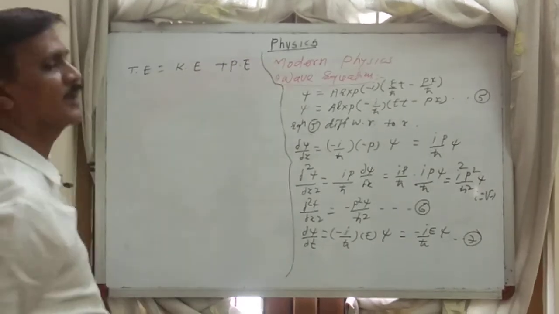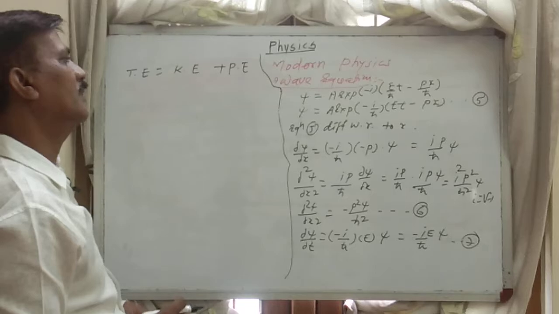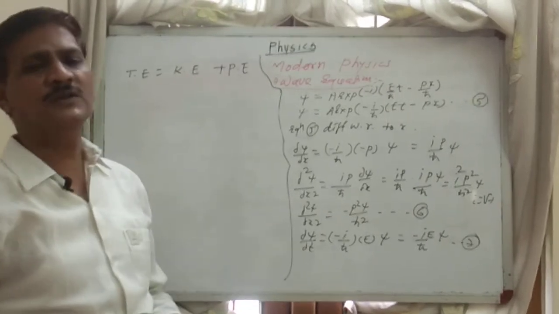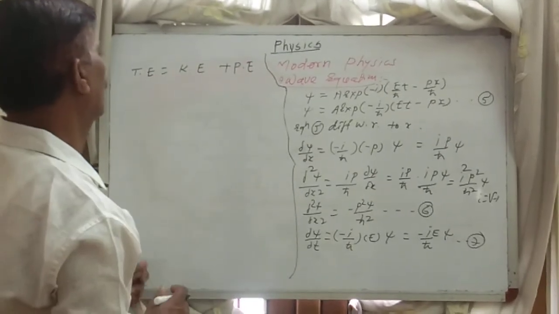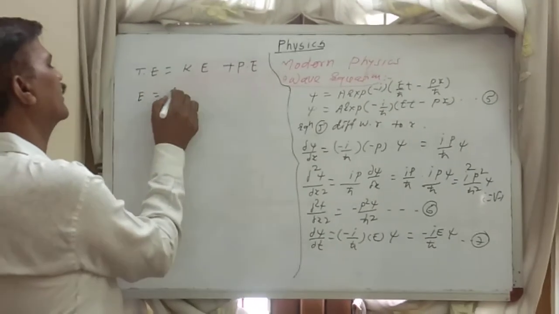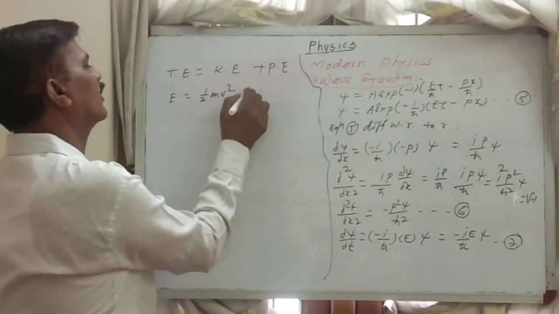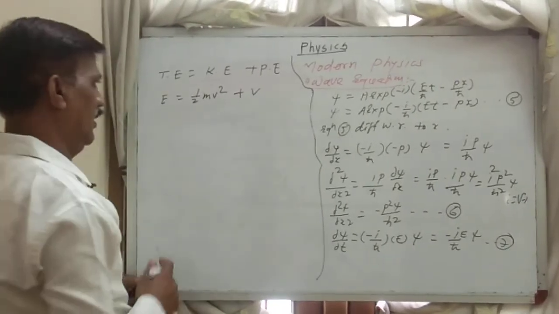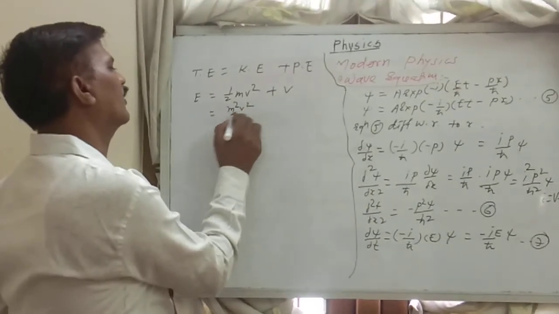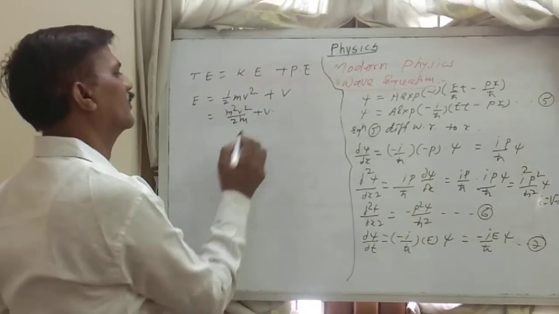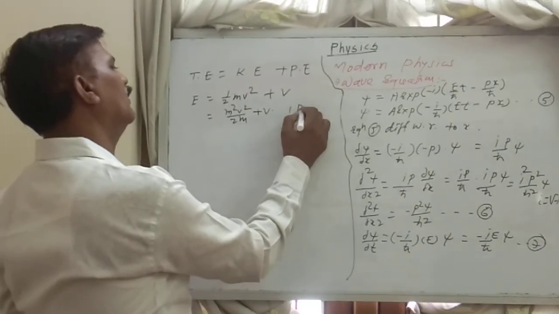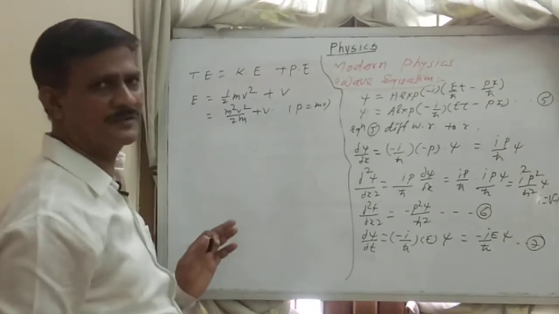We consider a free particle whose mass is m and velocity is v. Here the total energy E is half m v square plus V. Multiplying and dividing the first term by m, we get m square v square by twice m plus V. Here capital V is the potential energy, small v is the velocity, and momentum is the product of mass and velocity.